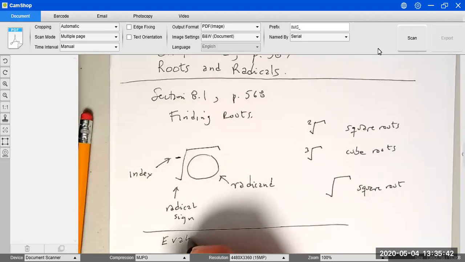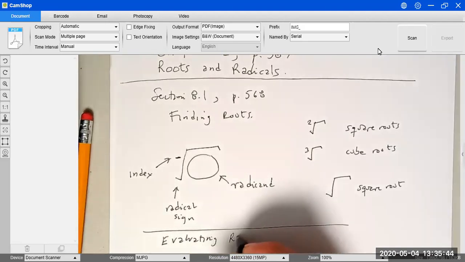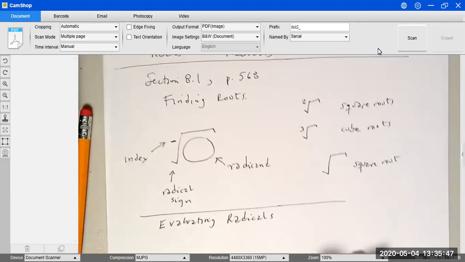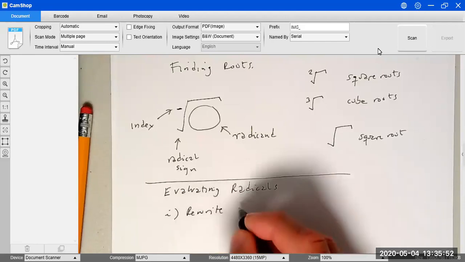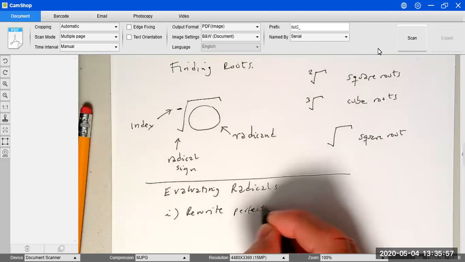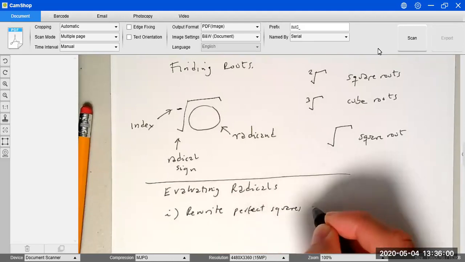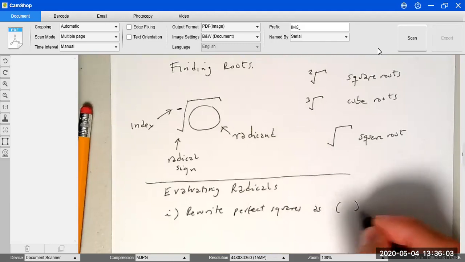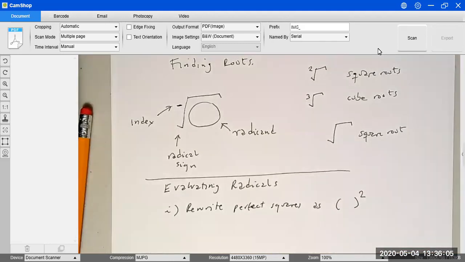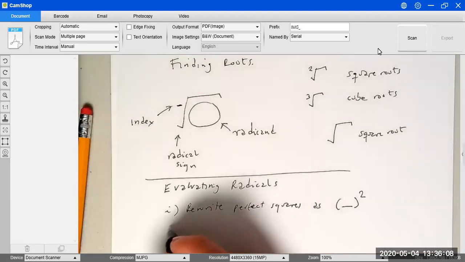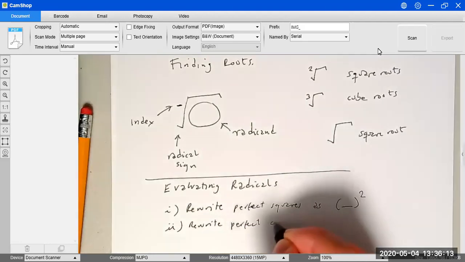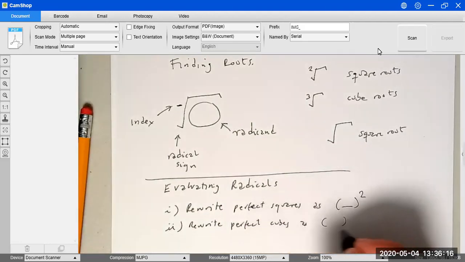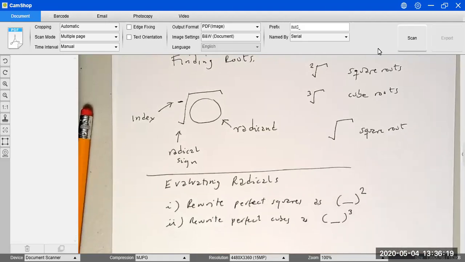So we're going to start with evaluation of radicals, and the only steps that we're going to follow: you're going to rewrite perfect squares as a quantity squared, and you're going to use this notation. And in other cases, you're going to rewrite perfect cubes as a quantity raised to the third power.